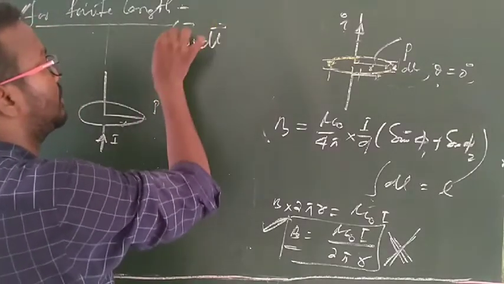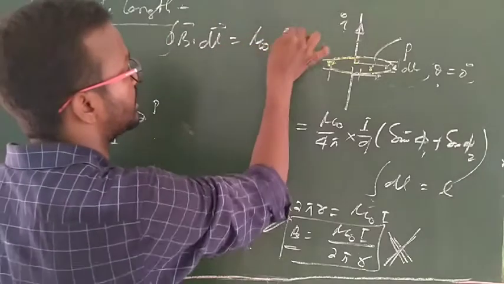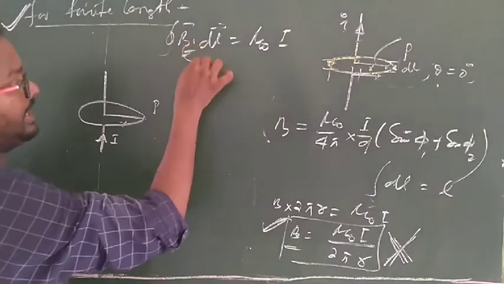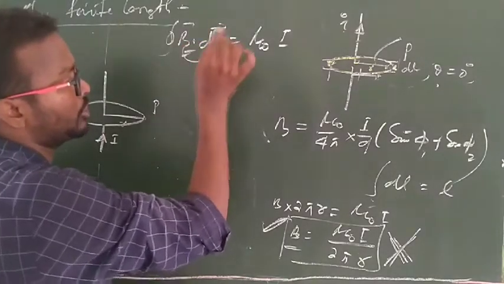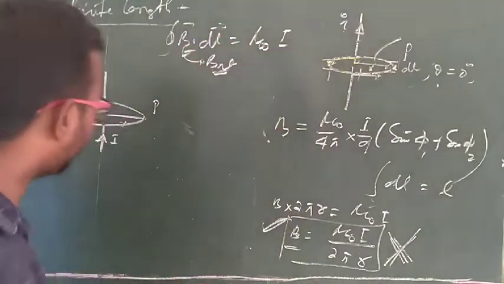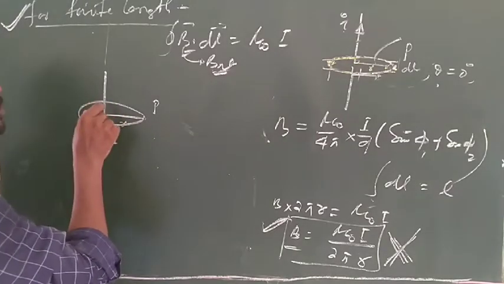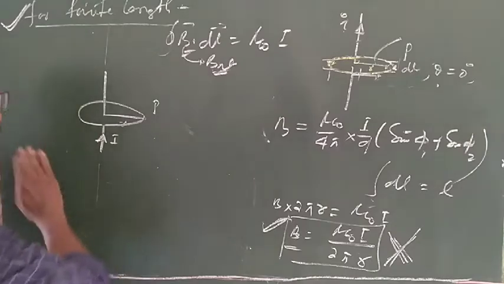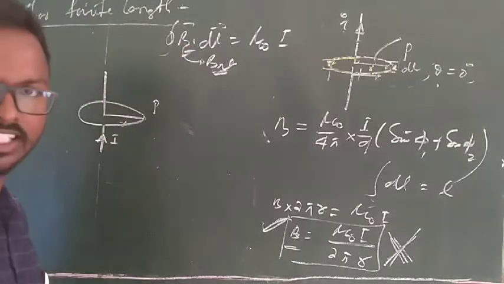The closed integral of B dl equals mu naught times I. What is B? B means B net, due to the total current flowing within the Amperian loop or periphery of the Amperian loop. This is B net. Clear?